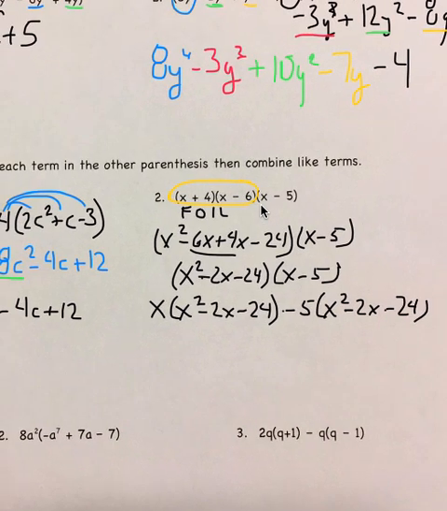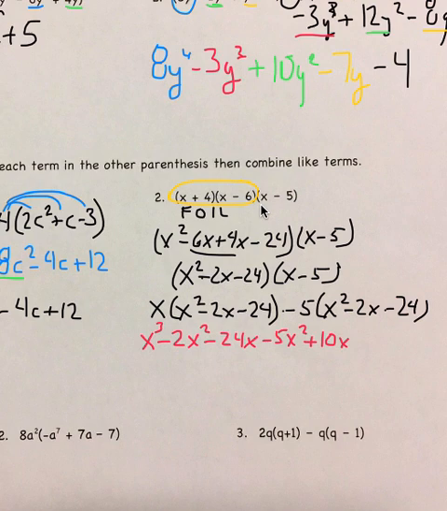So we multiply that through, x times everything, x cubed minus 2x squared minus 24x. Remember, your exponents, you add them when you multiply them. And then minus 5x squared plus 10x plus 120.